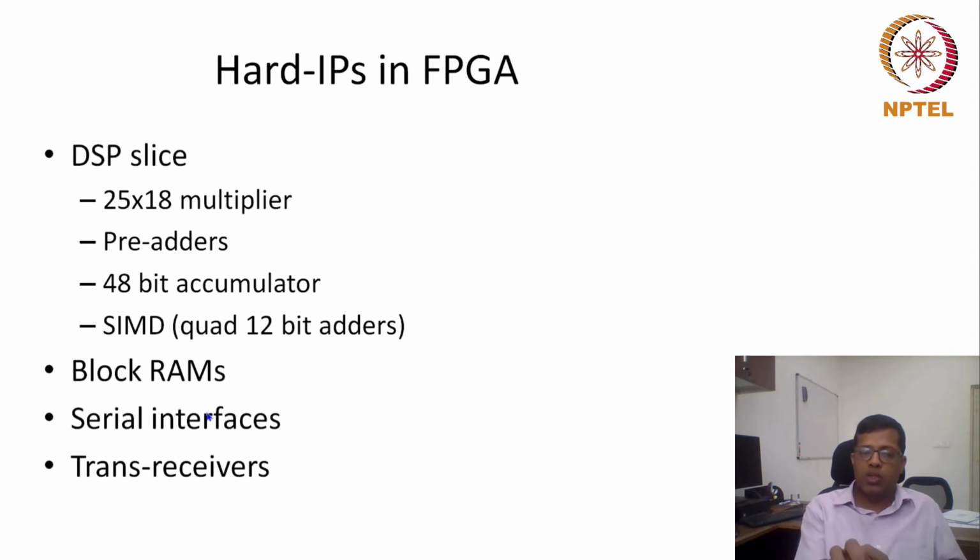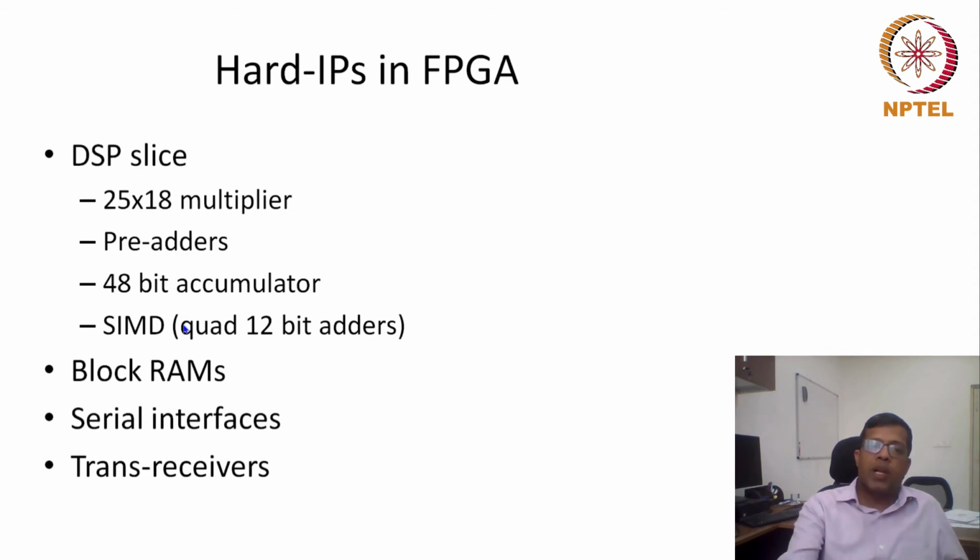Although that fixed logic can be connected using programmable interconnect, and it could also be programmed for different interfaces. The size of the multiplier could vary, so there could be variations in multiplier sizes.